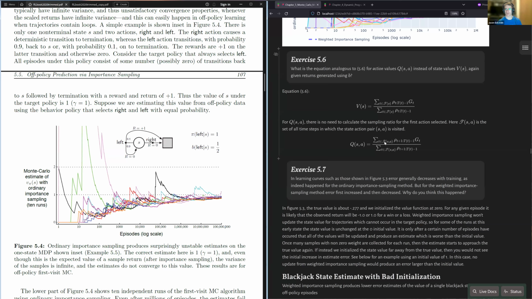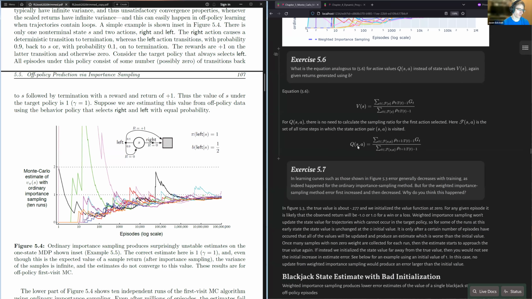The only difference here is that I'm calculating the times of the state-action pair being visited instead of the state. And there is another subtle difference, which is that we don't actually have to use the ratio for the first action selected, which is why here I have this index of t plus 1.